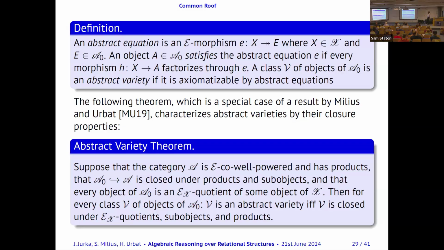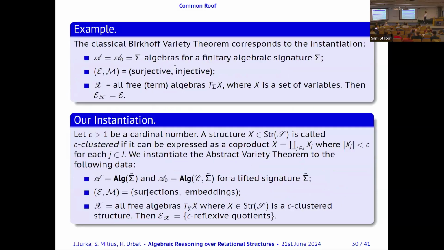And then under these technical assumptions, for every class V of objects in A0, one gets that it is an abstract variety if and only if it is closed under EX quotients, so quotients lying in EX, subobjects, and products. And these EX quotients will correspond to C-reflexive quotients in our setting.